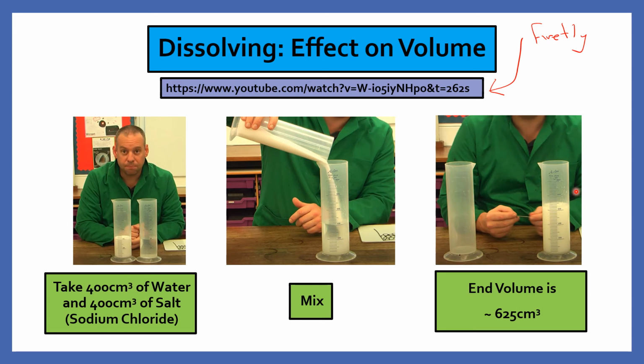However, when we add them together, the final volume is only approximately 625 centimeters cubed. And that means that a lot of that salt, a lot of that solute has gone in between the particles of the liquid, which hasn't affected the volume. The reason the volume has increased overall is because we've saturated that solution so that the solid has sunk to the bottom and it has displaced the water up.